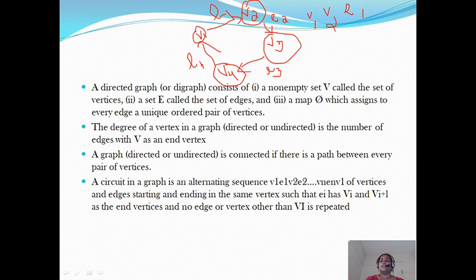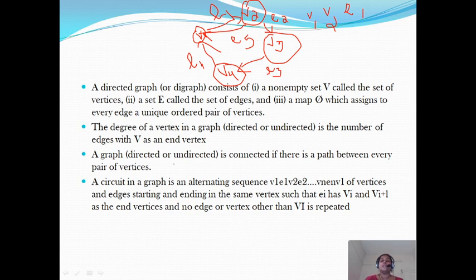So a directed graph consists of a non-empty set V of vertices and a set E of edges, with a map which assigns a unique ordered pair of vertices. That is, it has an order. If there is an edge from V2 to V1, it is named differently, for example E5. The same edge does not come with either order of the vertices.